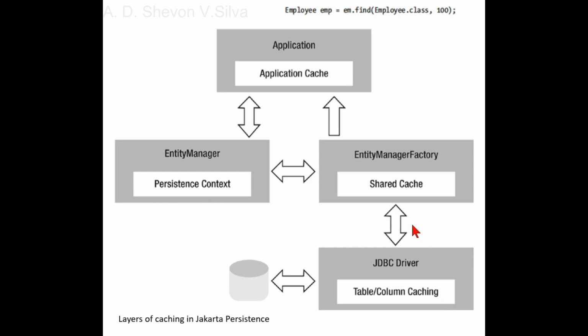The object is inserted into the shared entity manager factory cache, and a new instance, a copy of it, is created and inserted into the persistence context to be managed. That entity instance is finally returned to the client application for the client to cache if it is so inclined.